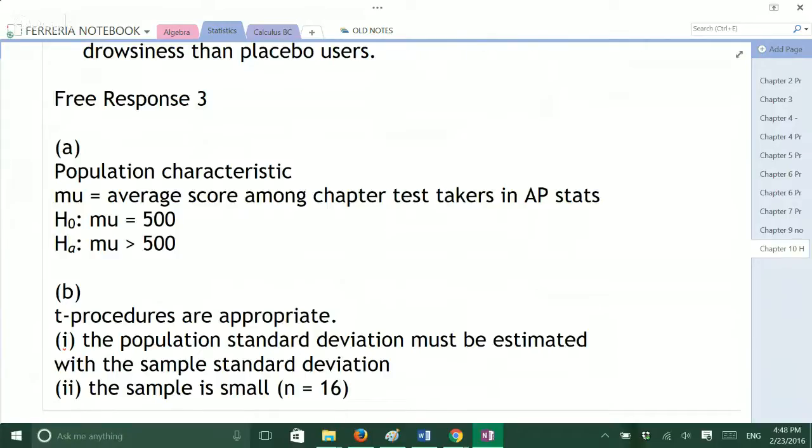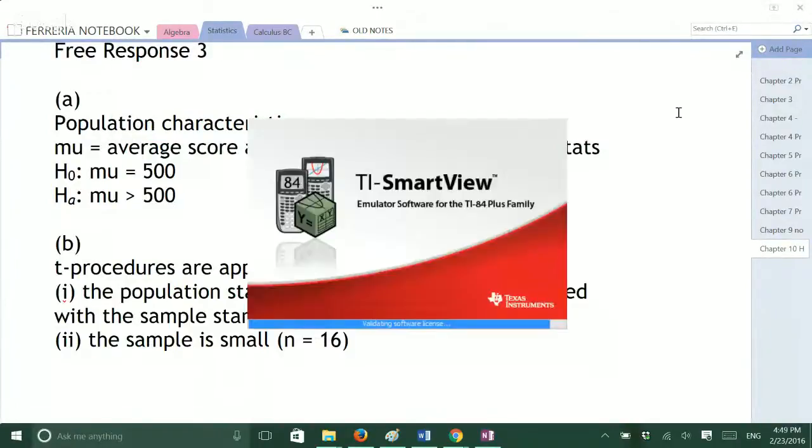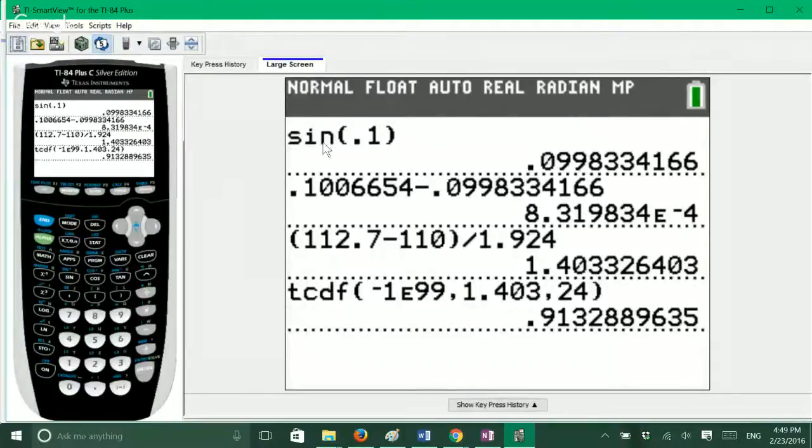Now to see whether the data deviates from normality, we have to actually look at the graphs.